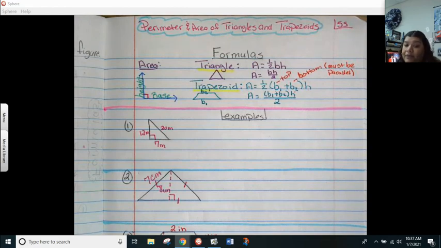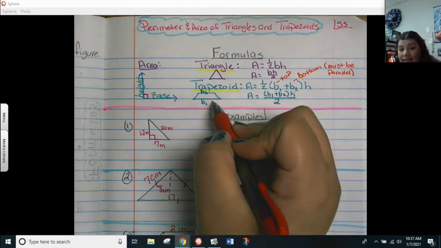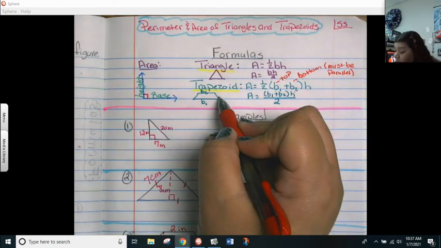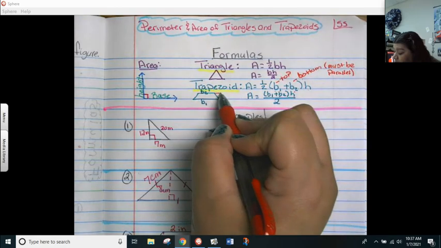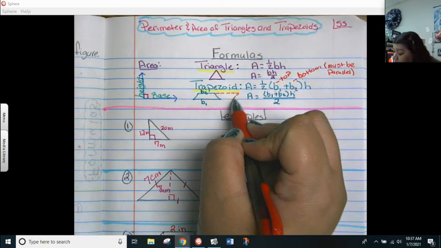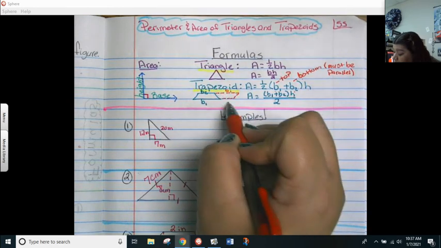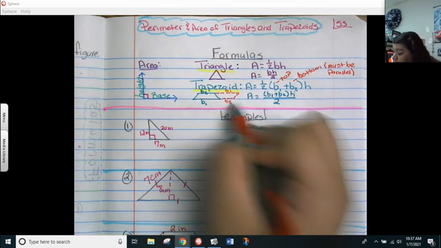because again, a trapezoid is actually half of a parallelogram, okay? And the reason they do that is if I were to take this and turn it around, so if I flip this to where base 1 is on top, so I'm just going to go like this with a dotted line so you can see. So base 1 I put on top and base 2 is on the bottom. Take a look.